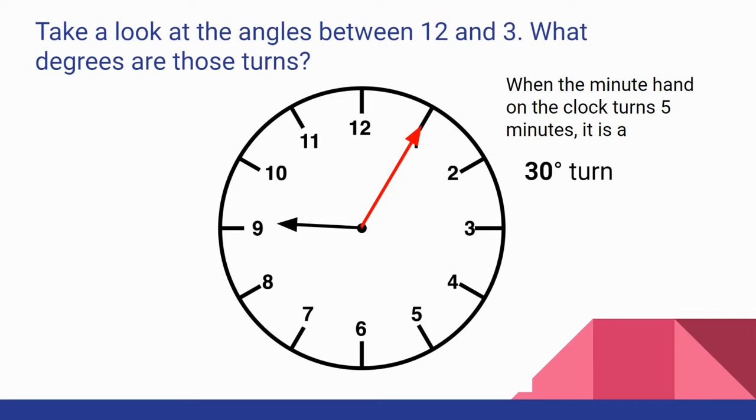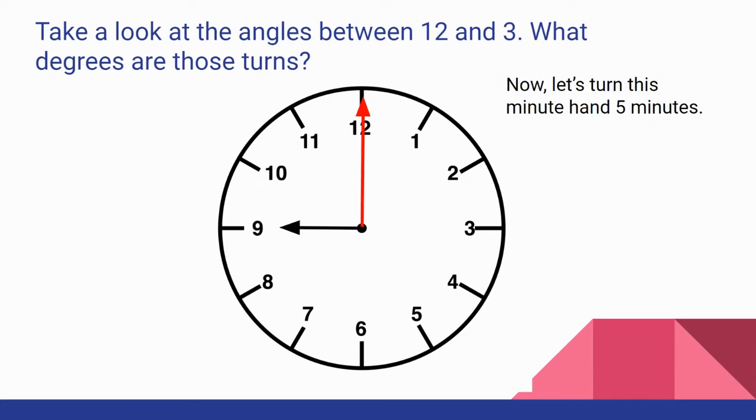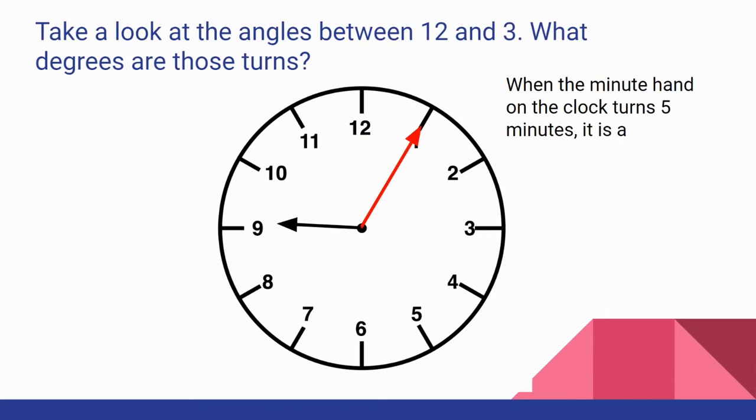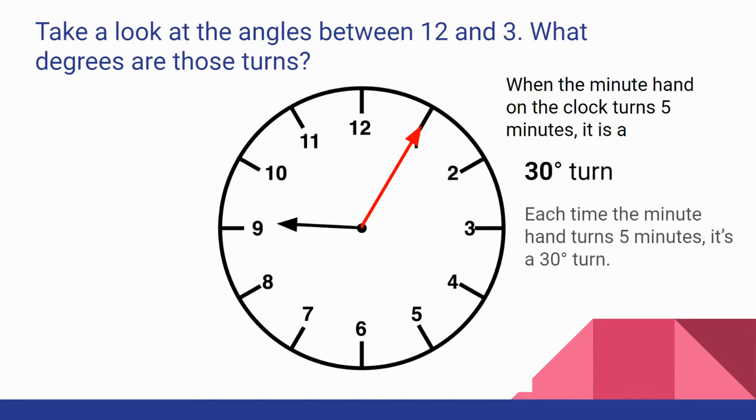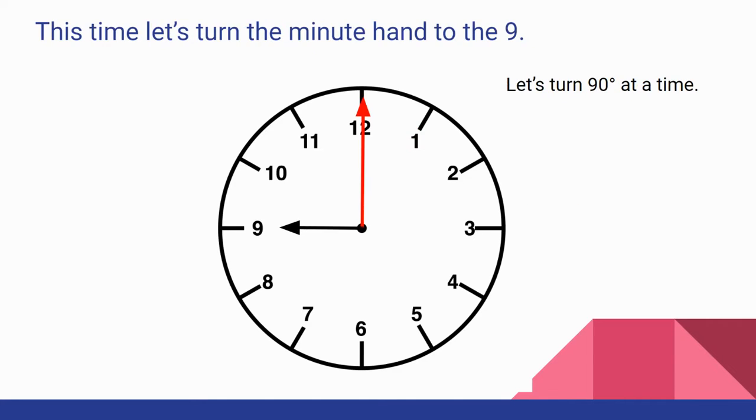And you can see if we took out a protractor and saw the angle that it moved, it would measure 30 degrees. Each time the minute hand turns 5 minutes, it is a 30-degree turn.